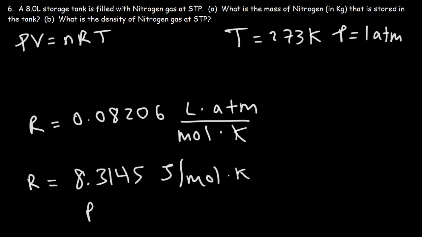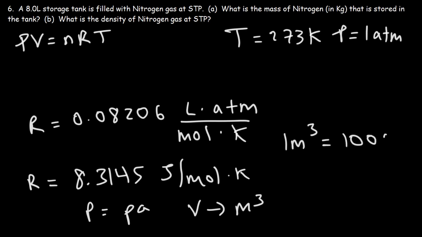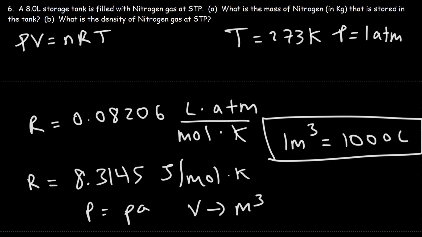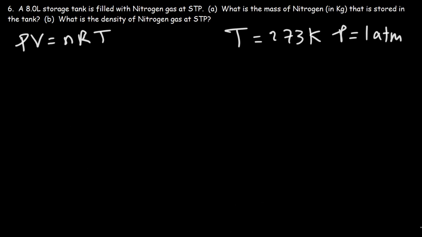If you're going to use this R value, pressure has to be in pascals, and the volume has to be in cubic meters. Now keep in mind 1 cubic meter is equal to 1,000 liters in the event that you need to convert from liters to cubic meters. But because we have the pressure in atm and we have the volume in liters, we're going to use the first R value, 0.08206. So let's plug everything that we have into this equation.